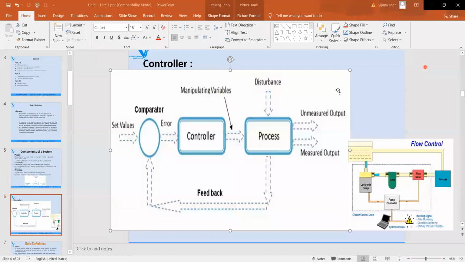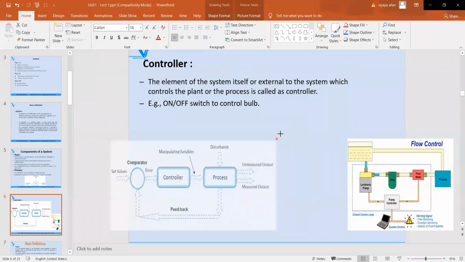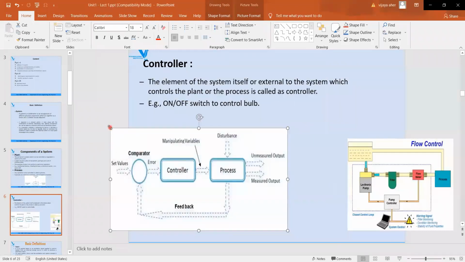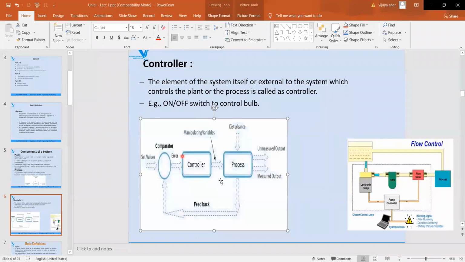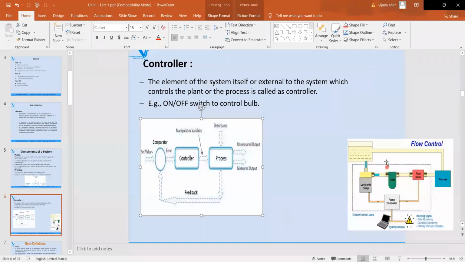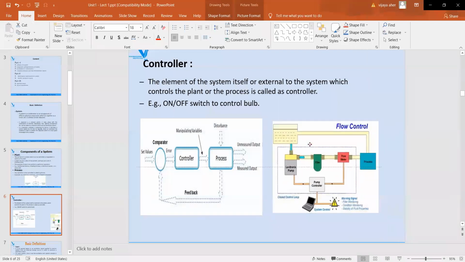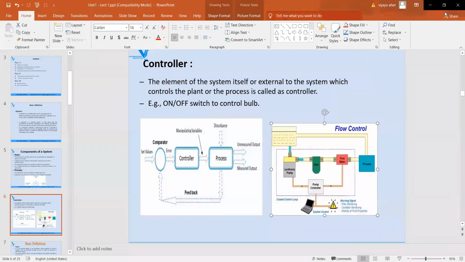So this is nothing but your block diagram of a control system. Now, coming to an example. Yes, admitting, please wait.